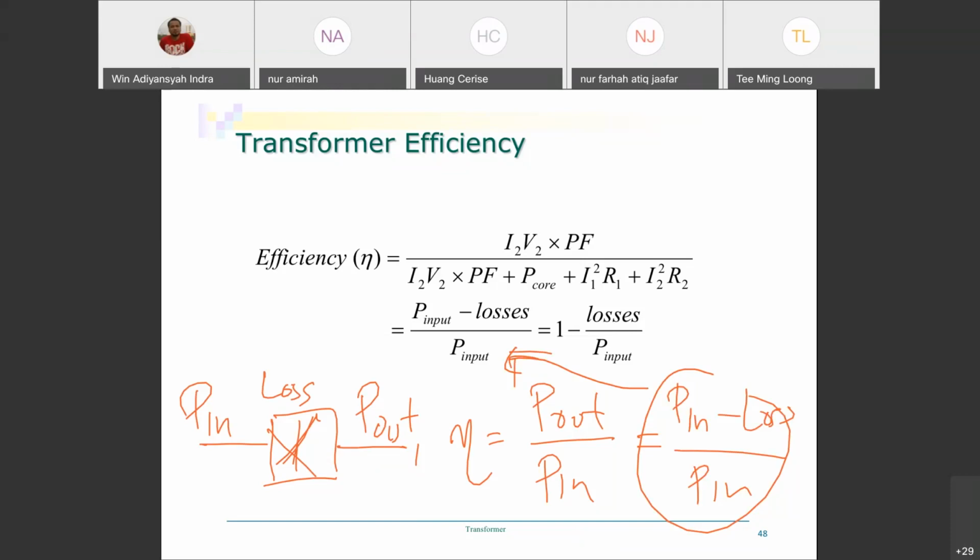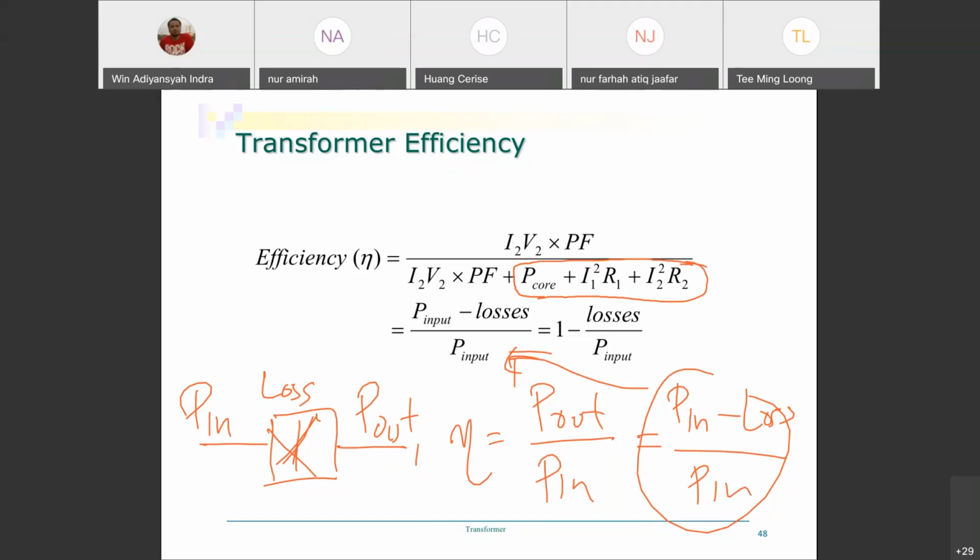If you look at the textbooks later, this is the total loss.